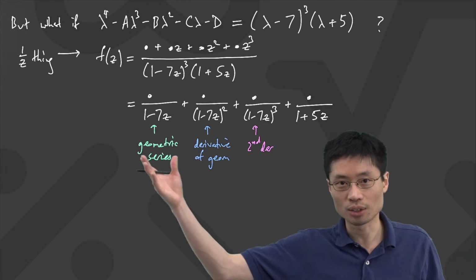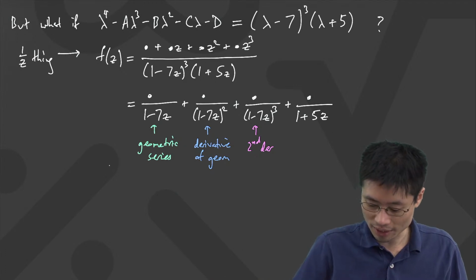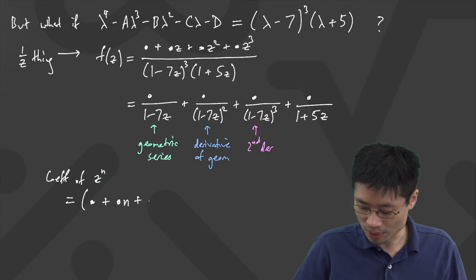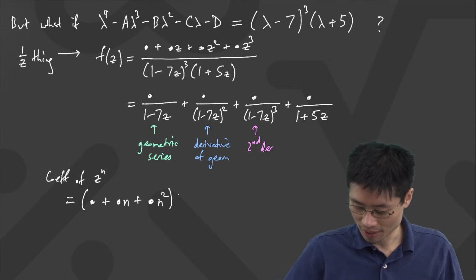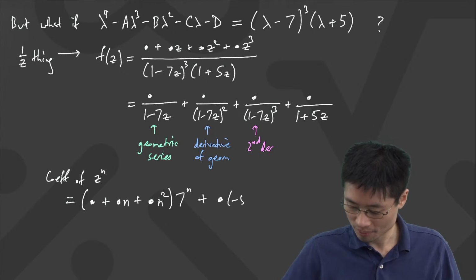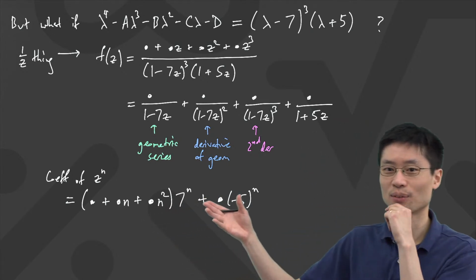But when I go back to this thing, what I end up finding is that the coefficient of z to the power n is equal to some polynomial of degree less than or equal to 2 in n times, sorry, not lambda, I have numbers now, that's a 7, 7 to the power n, plus a blob times negative 5 to the n. That's the punchline of what we have just done.